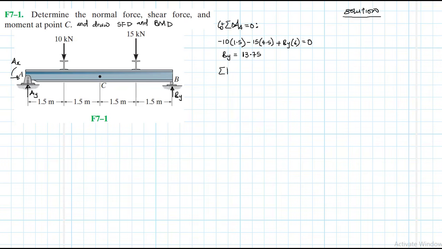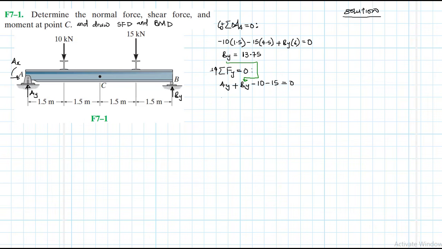So say summation of forces in the Y equal to 0. What we have: AY plus BY minus 10 minus 15 equal to 0. And since we found our BY already, we'll just replace it there.